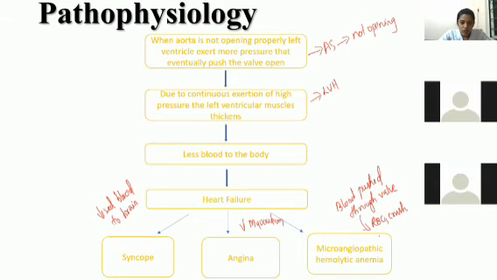That will lead to hemolytic anemia, and it can even lead to hemoglobinuria. That means hemoglobin is going out with the urine also. This is known as microangiopathic hemolytic anemia, and it is also seen in aortic stenosis.